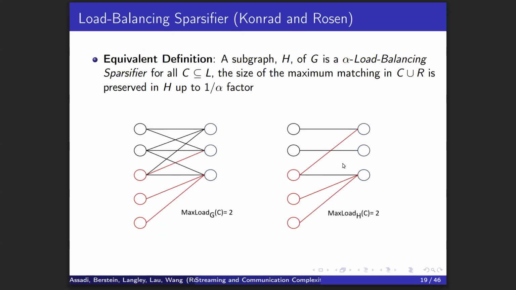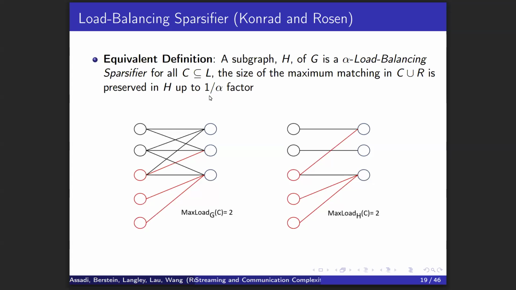Now, actually the previous example that I talked about with the matching turns out to be an equivalent characterization of this problem. So one equivalent definition of a load balancing sparsifier is that I find a subgraph H such that for any subset of vertices on the left side, the size of the maximum matching going from this side to the entire right-hand side is approximately preserved, up to a factor of 1 over alpha.